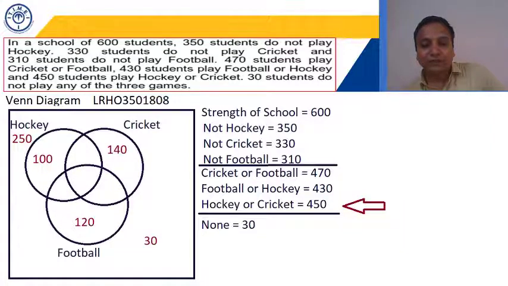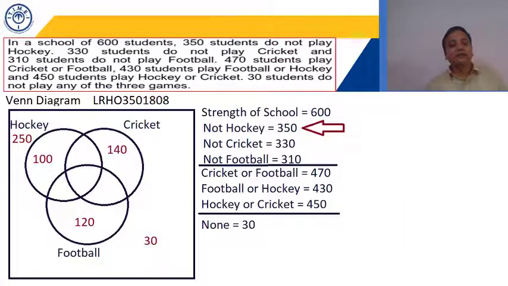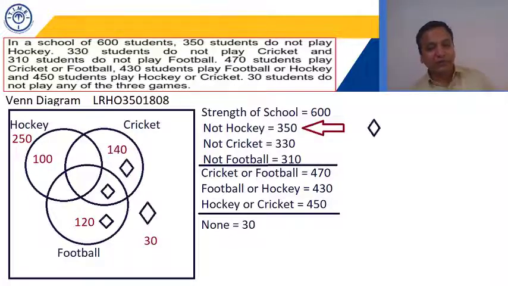Moving further, not hockey is 350. Not hockey means outside hockey. Outside hockey, there are 4 regions, out of which 3 region values we already know. Not hockey is these 4 regions.